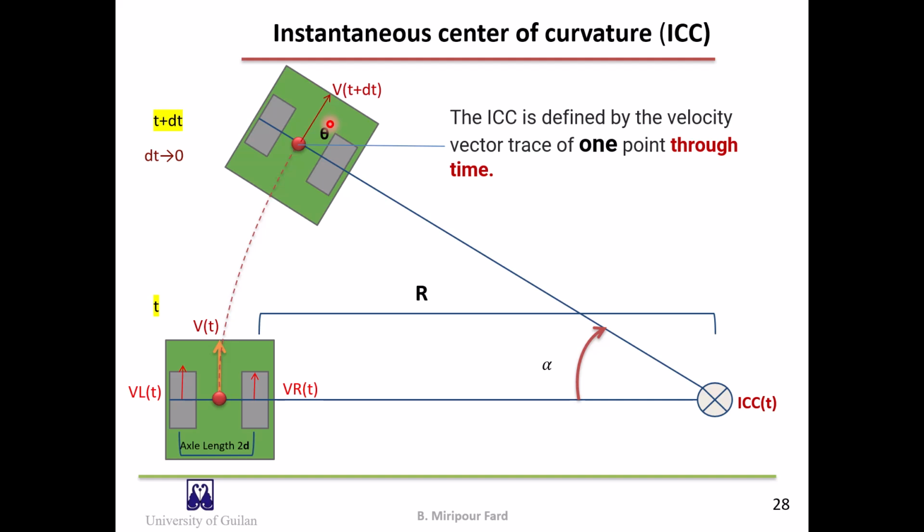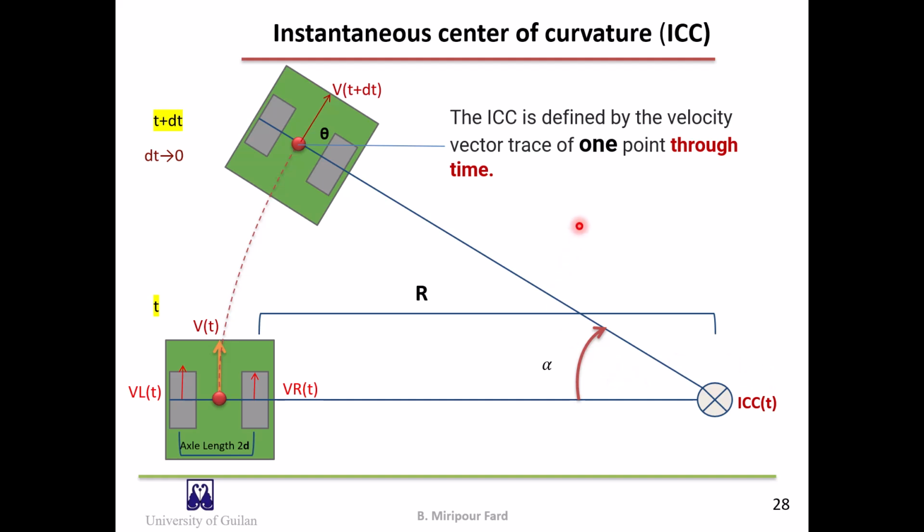Note that the velocity vector of the reference point is always tangent to the trajectory. It is also important to note that the velocity of the reference point for the diff drive robot is always in the same direction as the velocity of the center of the wheels. This is not the case in all wheeled robots, so the ICR and ICC can be placed at different points.